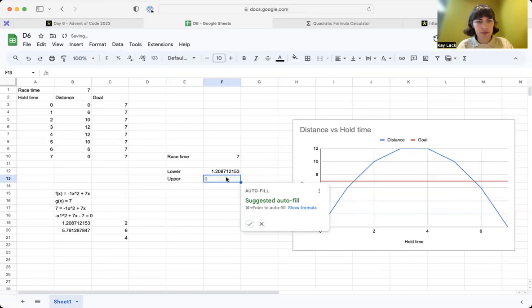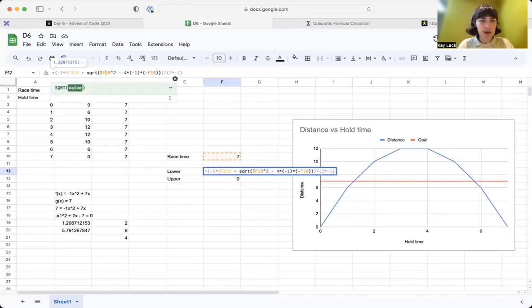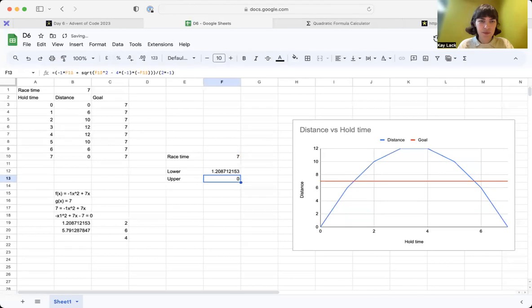Yeah. And then this is going to be the upper one, which means we need to switch this, not that one. Which is it? It's the first one. Yeah, so we need to absolutize those.